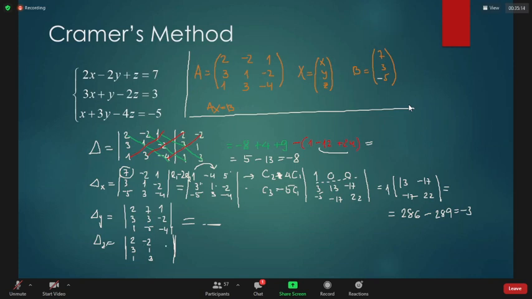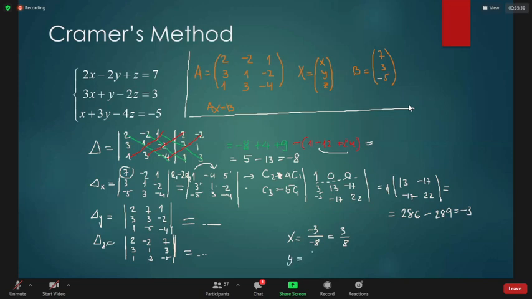The third column is now replaced by 7, 3, minus 5. So it's again some number that can be computed. And as a result, the x value would be minus 3 divided by this system determinant. At this moment, it looks like it's minus 8. I'm not going to recalculate. I might be mistaken.